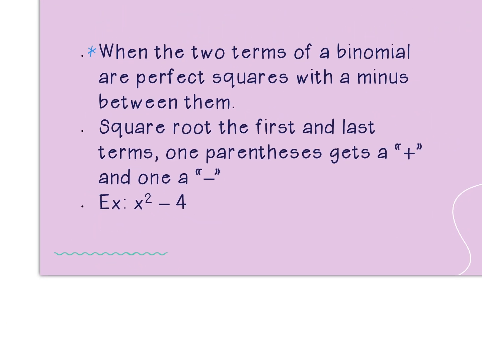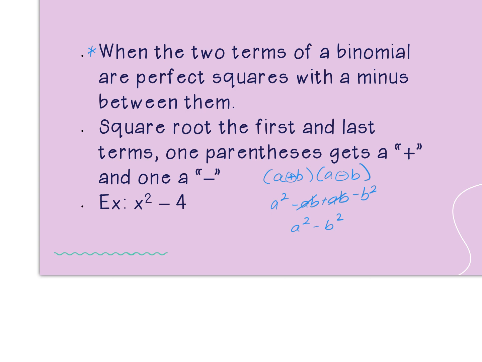Well, remember that when we did multiplication, we showed you a pattern that if you have the first term and the second term that are the same, and the only differences are a plus and a minus, you could FOIL a squared minus ab plus ab minus b squared, and your middle terms would cancel, and you'd be left with a squared minus b squared.